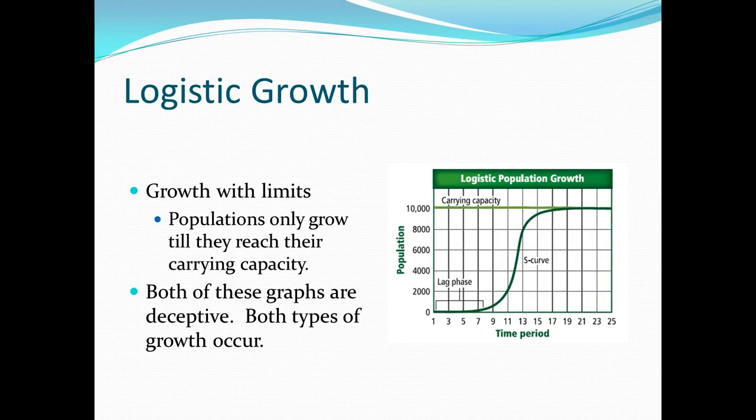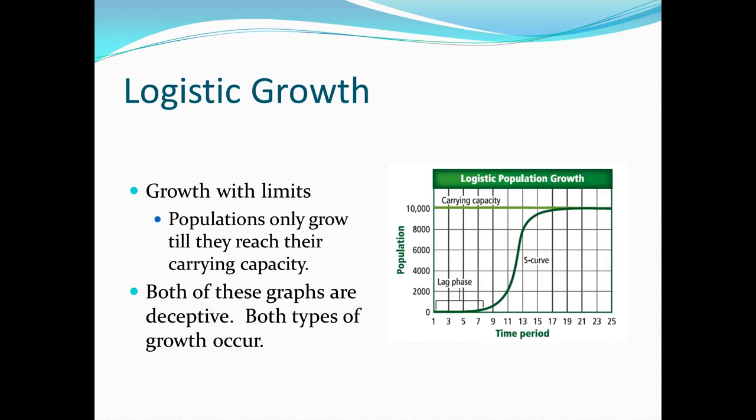Next one is the logistic growth model. This is basically just the exponential growth model, but it takes into account carrying capacity. This is growth with limits. So the population grows for a while, reaches its carrying capacity, and then stops growing. Both of these graphs are somewhat deceptive because it's not really how it works.